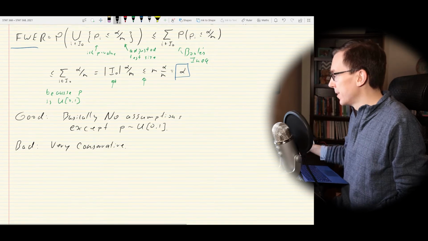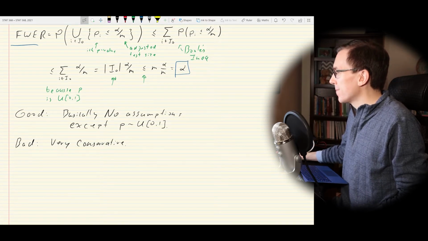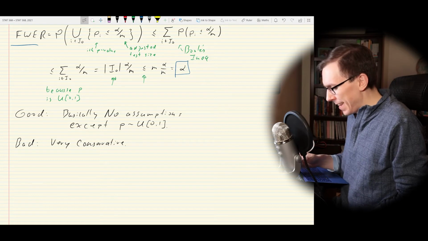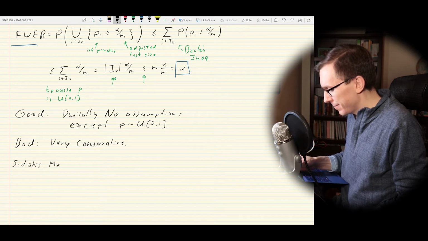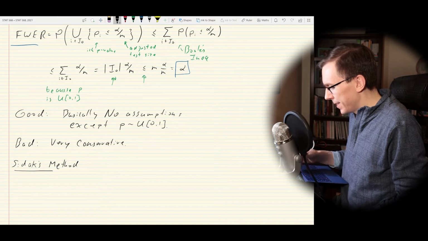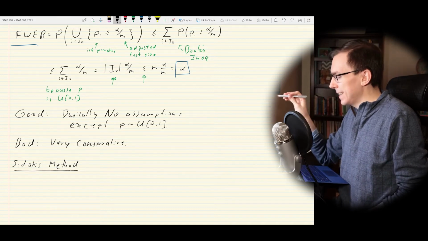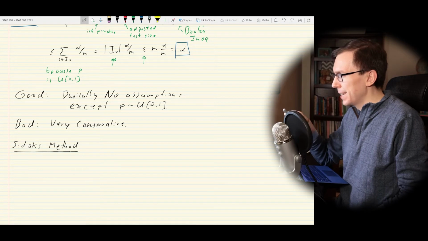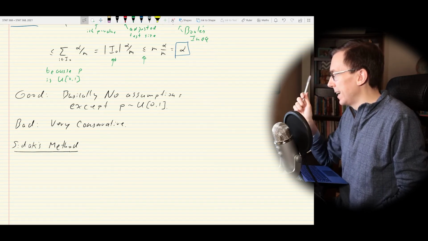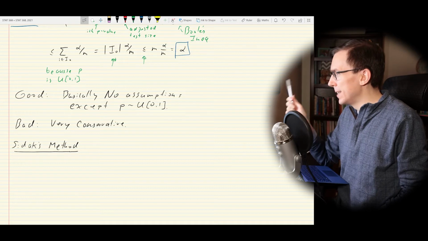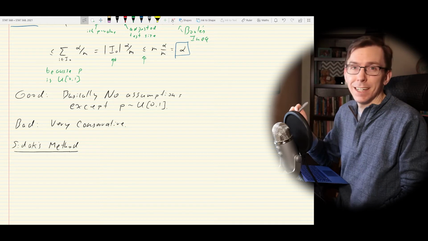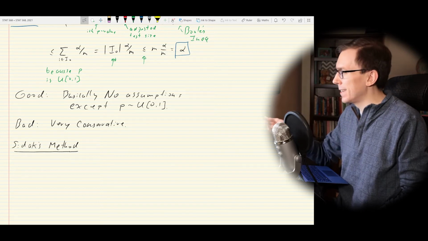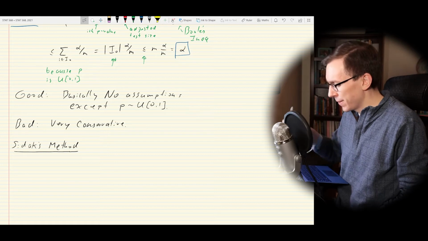So what else can we do? Well, we have another method, we have more than one method, but another method is called Sidak's method. This one is going to be kind of the same thought process, but we're going to have one specific requirement, which is we need the null hypotheses, or the p-values, to be independent, or the tests to be independent for this to work.